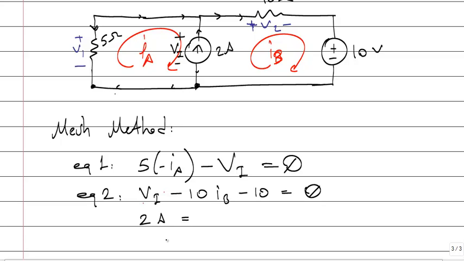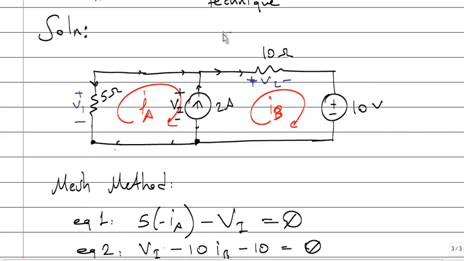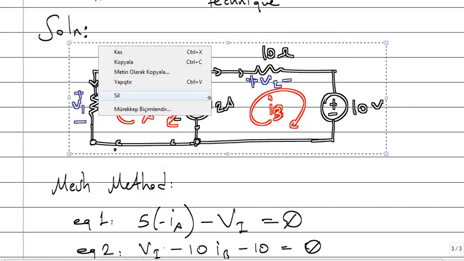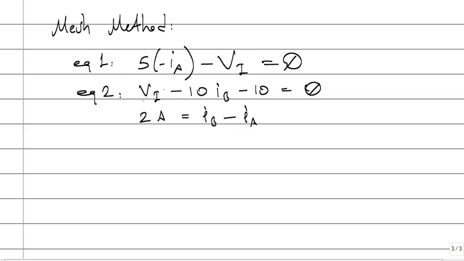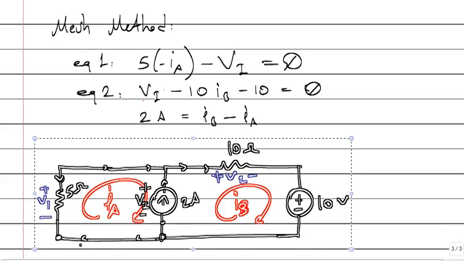Which current is supporting, which current is in the same direction as the 2 amp? IB, minus opposing current, IA. Okay, I have written 3 equations and 3 unknowns. I can solve, but rather I can use the supermesh technique.